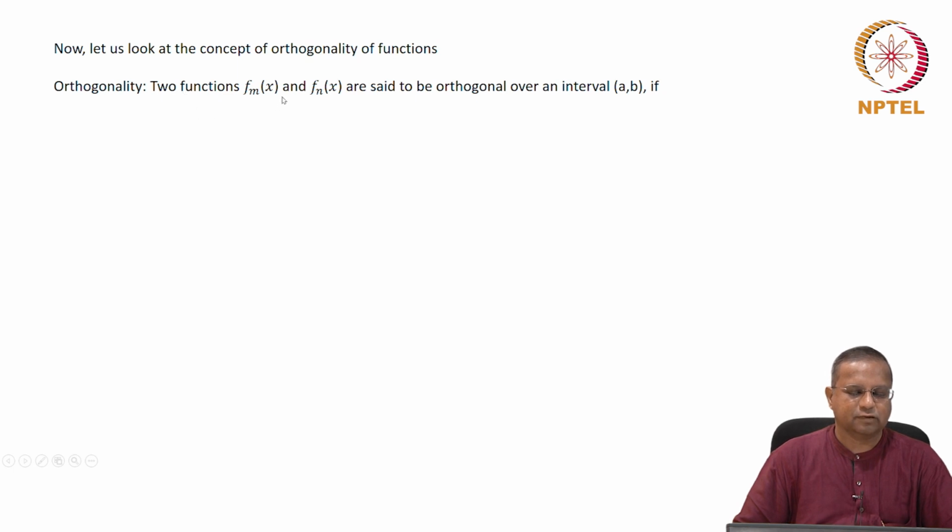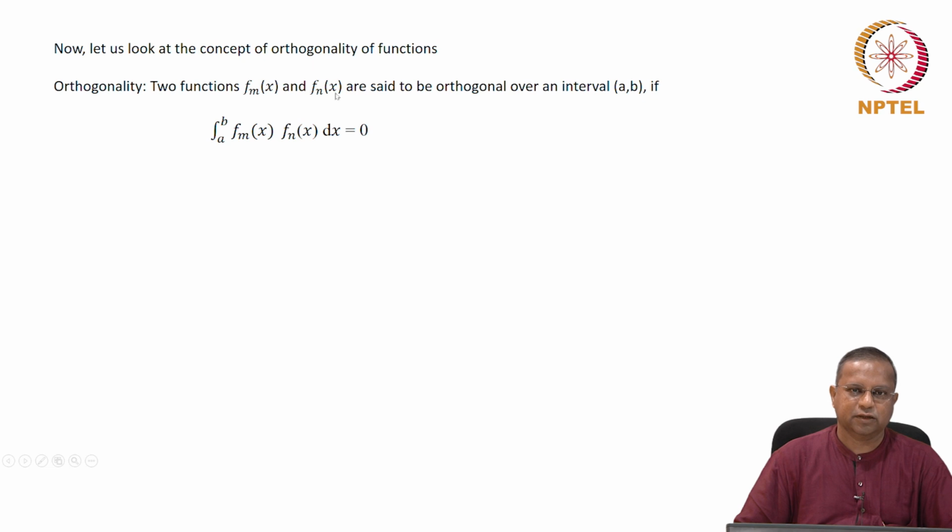Two functions fm of x and fn of x are said to be orthogonal over an interval a to b if the integral from a to b of fm(x) times fn(x) dx equals 0. So the product of those two functions, you integrate over this interval a to b, and that has to be equal to 0. That is when two functions are said to be orthogonal.